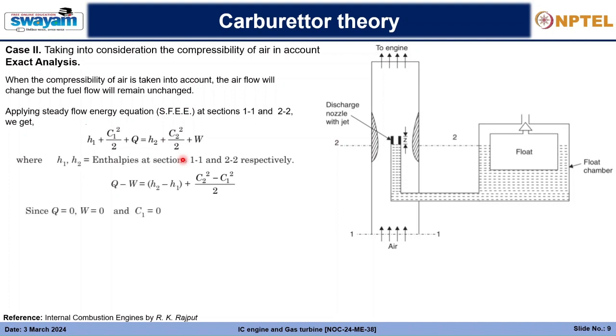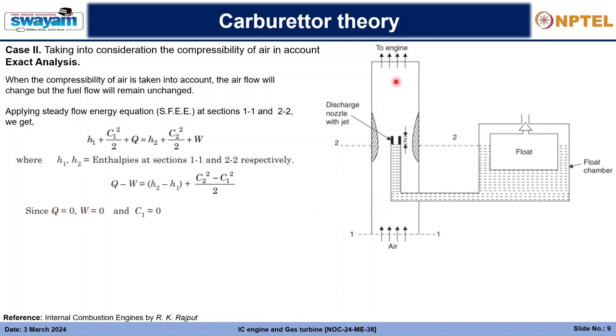If we assume that the system is adiabatic, that is, there is very fine insulation around this whole carburetor channel, so that no heat is transferred from inside to outside or from outside to inside, then we can assume Q to be 0.